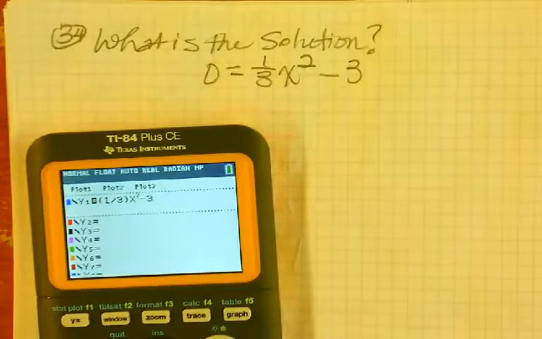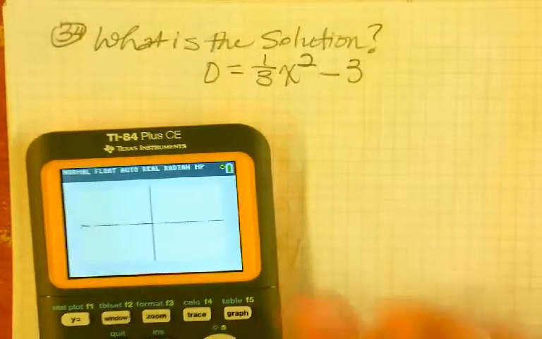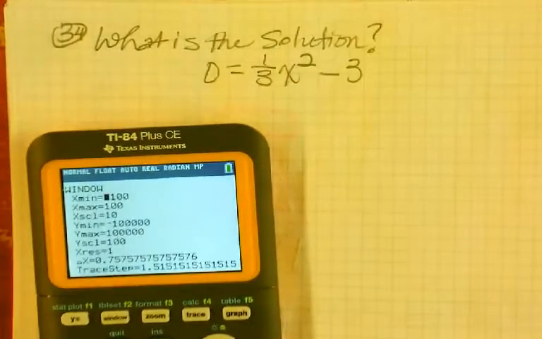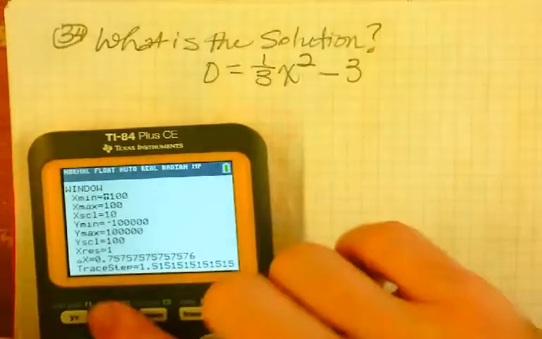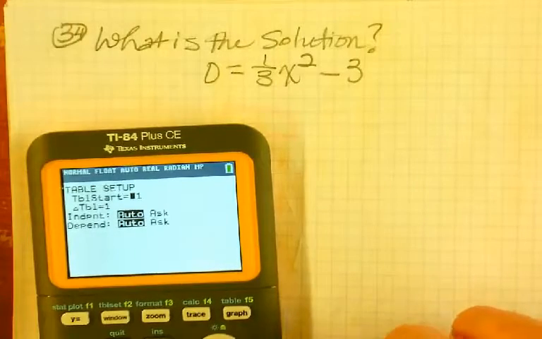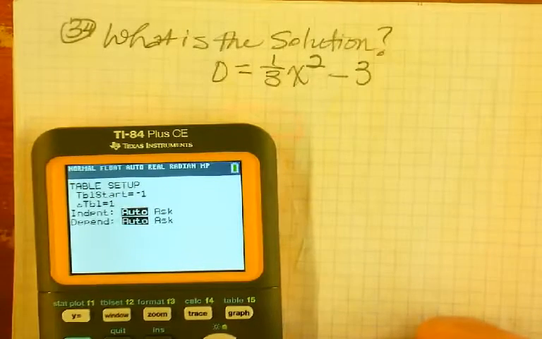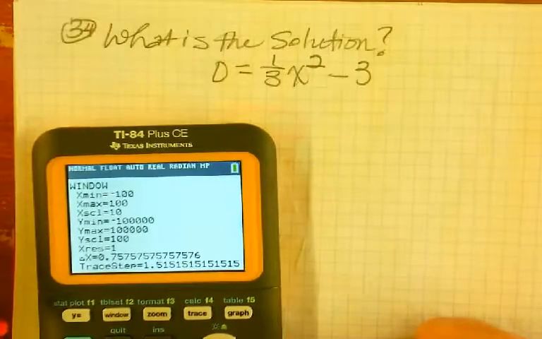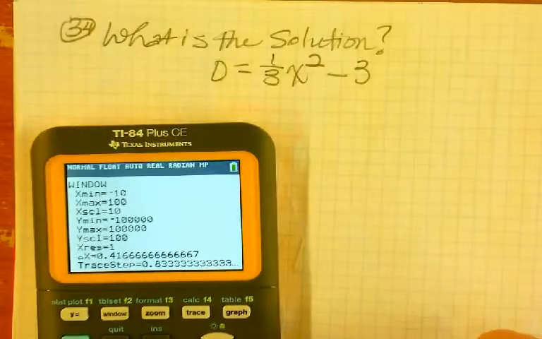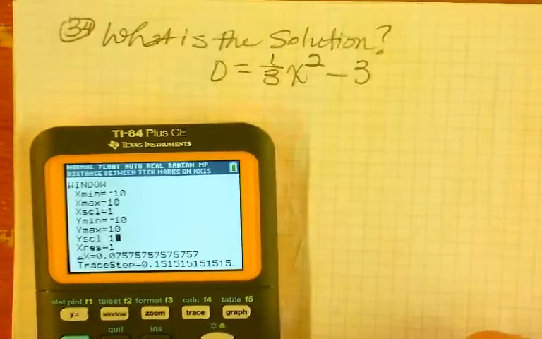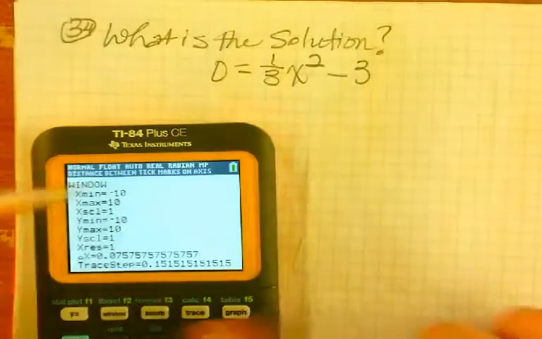All right, when you're all said and done, push the graph button. Let's actually look at what this should look like. Go back in and reset your window. Negative 10, 10, 1.